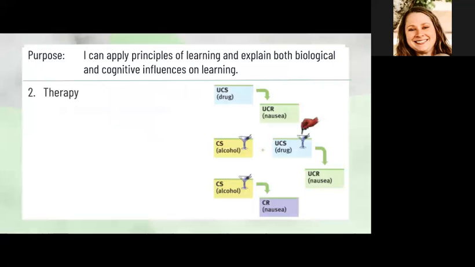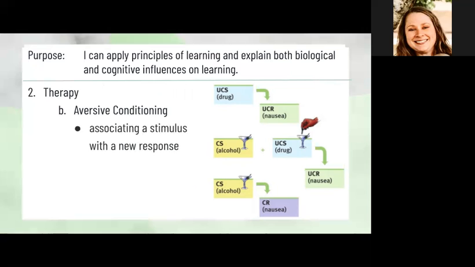The other type then is something called aversive conditioning, which isn't going to be used too much. Essentially what you're doing here is you are trying to associate a stimulus with a new response. So in this case, I'm going to do an alcohol and drug example. The drug here is actually a drug that if you take the drug and drink alcohol, the person gets violently ill.